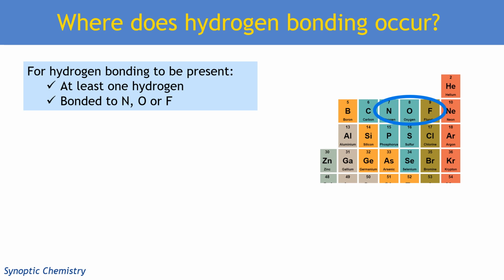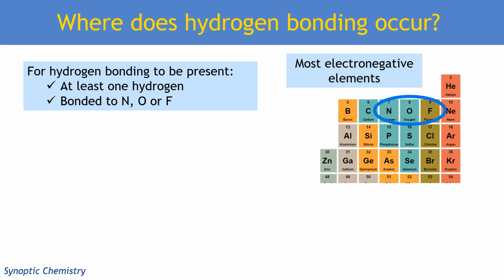Now, if you look at these elements on your periodic table, they're in the top right-hand corner, and that means that they are the three most electronegative elements. So they have the strongest attraction to electrons to form that very, very polarized bond, and also they all have lone pairs when they form covalent bonds, or at least one lone pair.